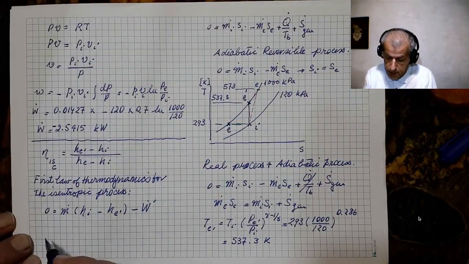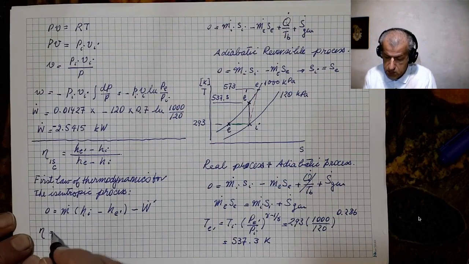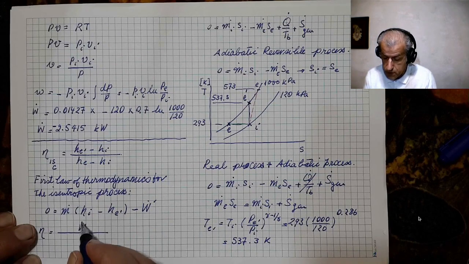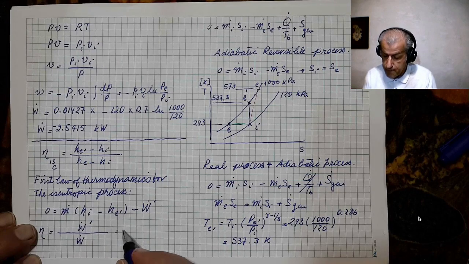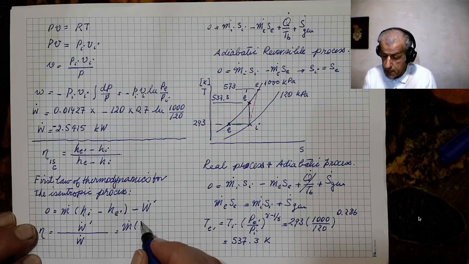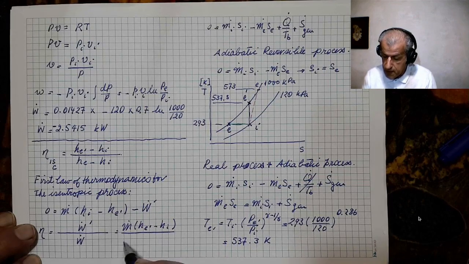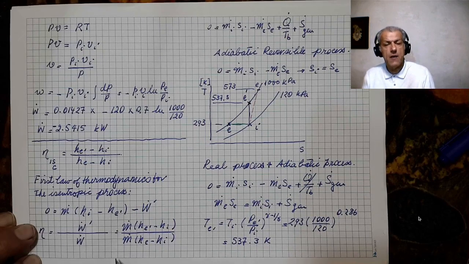Now, the original equation for efficiency is the ideal work W dot prime divided by W dot, which equals m dot times He prime minus Hi divided by m dot times He minus Hi. And m dot cancels out.